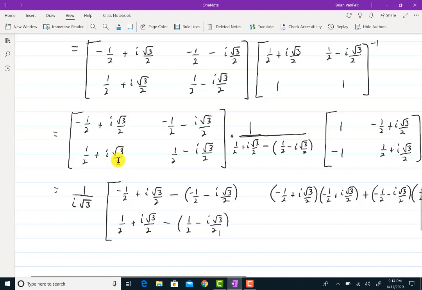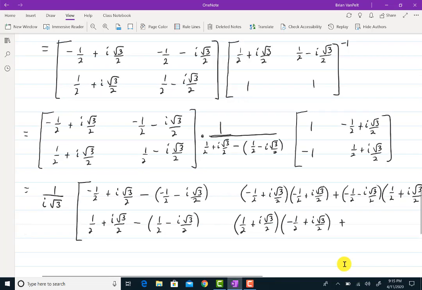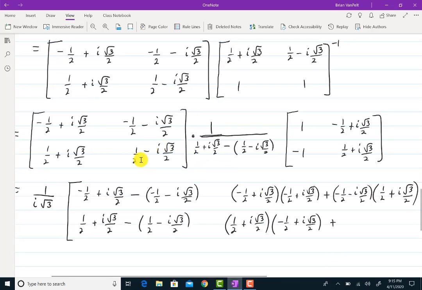And then finally this row to this column is once again going to be a brutal thing. I'll have 1/2 plus i radical 3 over 2 times negative 1/2 plus i radical 3 over 2, plus, give myself room, then I'm going to have this number times this number: 1/2 minus i radical 3 over 2 times 1/2 plus i radical 3 over 2.